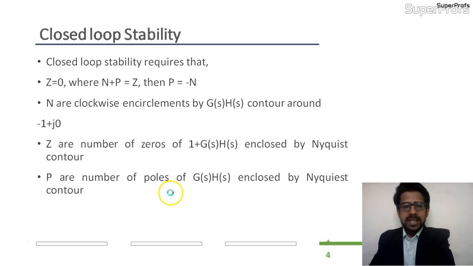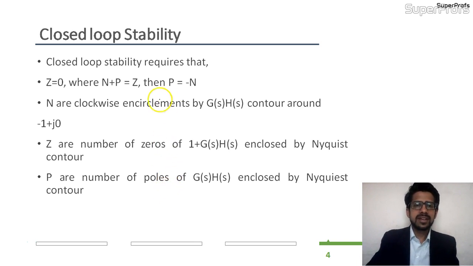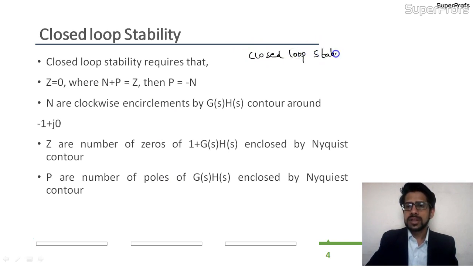So for closed loop stability, let us see. Nyquist said for closed loop stability, open loop zeros, that means Z, should be 0.